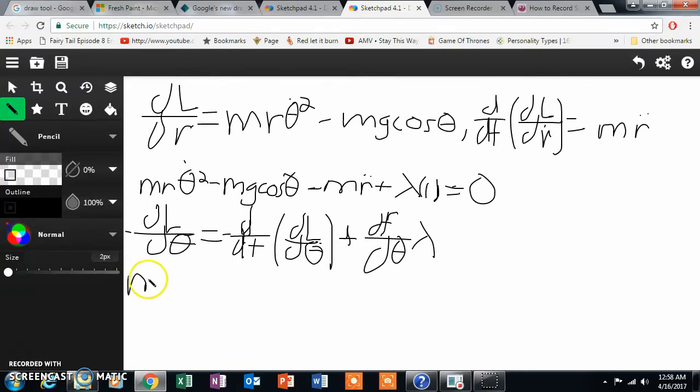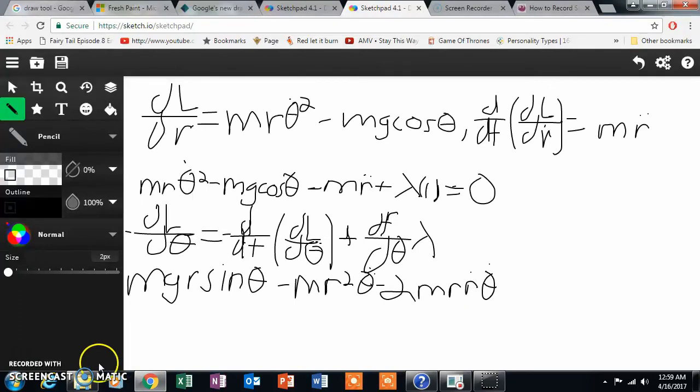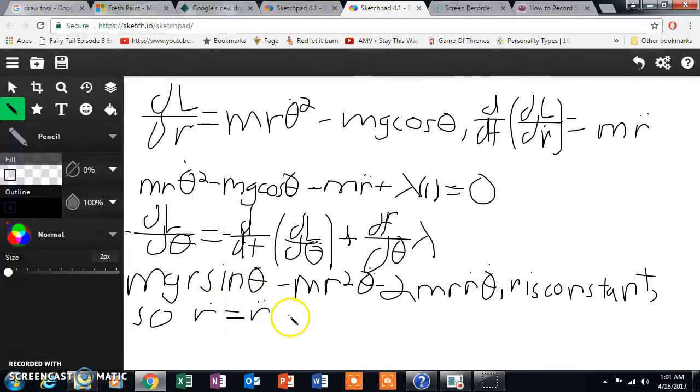So when you take all of these derivatives, you get mgr sine theta minus mr squared theta double dot minus 2mr dot theta dot. R being constant in this situation, this means that r dot is equal to r double dot, which is equal to 0.